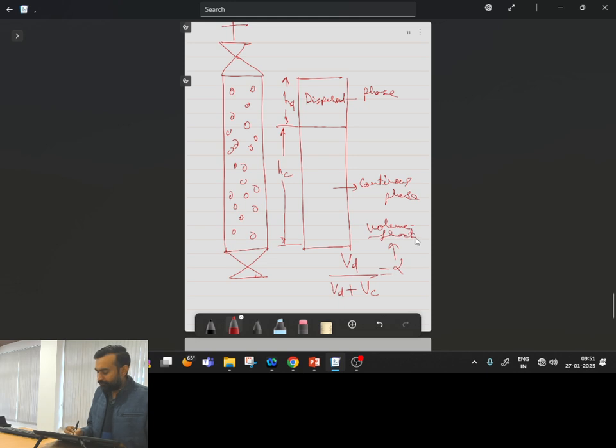But what is this volume fraction? This volume fraction is kind of an averaged volume fraction, because I am defining it for a certain pipe section.